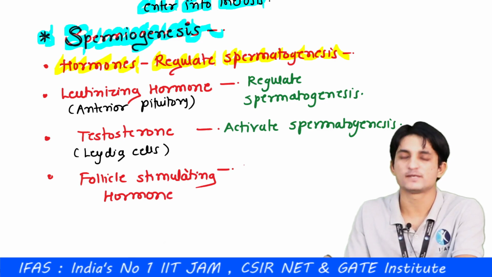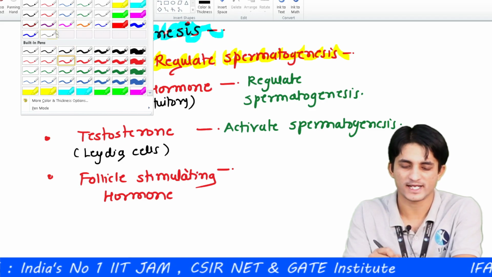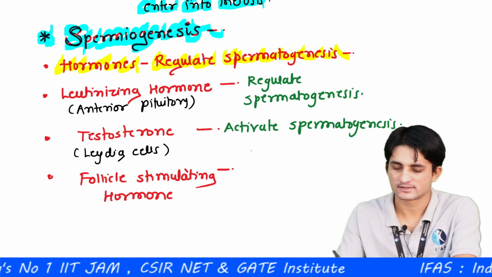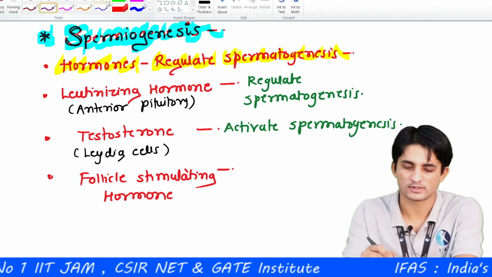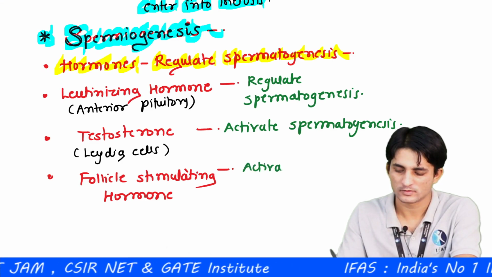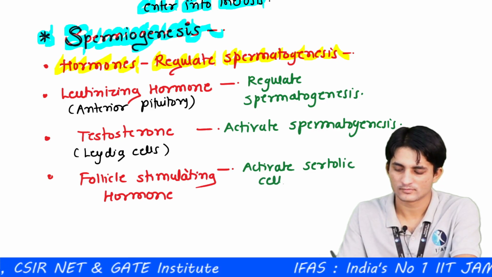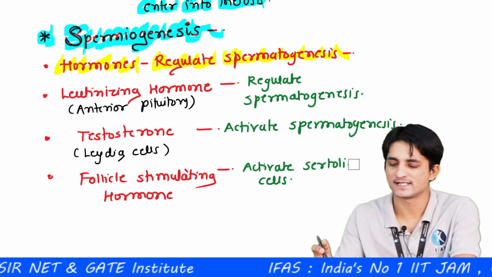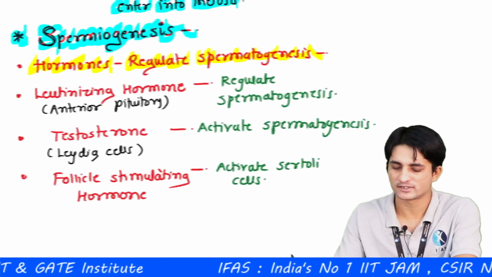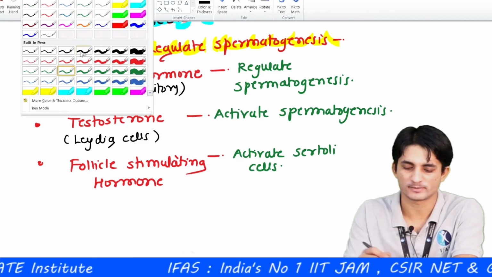Follicle stimulating hormone activates the Sertoli cells, and the Sertoli cells of the testis regulate all the process of the spermatogenesis. So Sertoli cells play a major role in the maturation of the sperms.